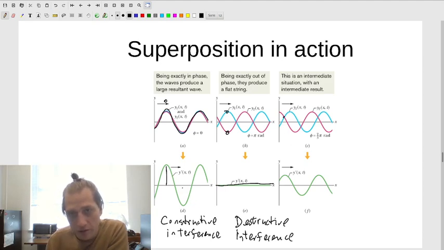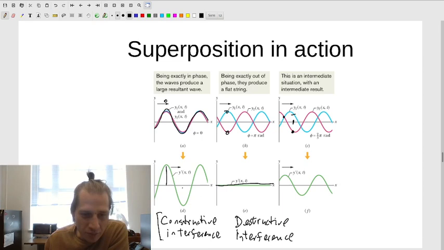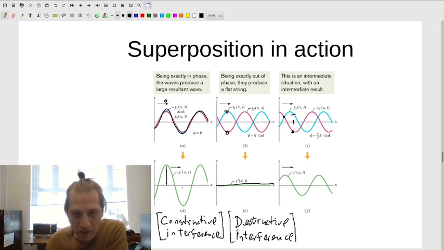So for instance, right here, it's constructive. When our wave is right here, you have more minus than plus, but these are in opposite directions essentially. So it's basically somewhat destructive. So I'm not sure your book uses these terms very much because they don't really apply to every case, but I think they can be helpful in thinking about it.